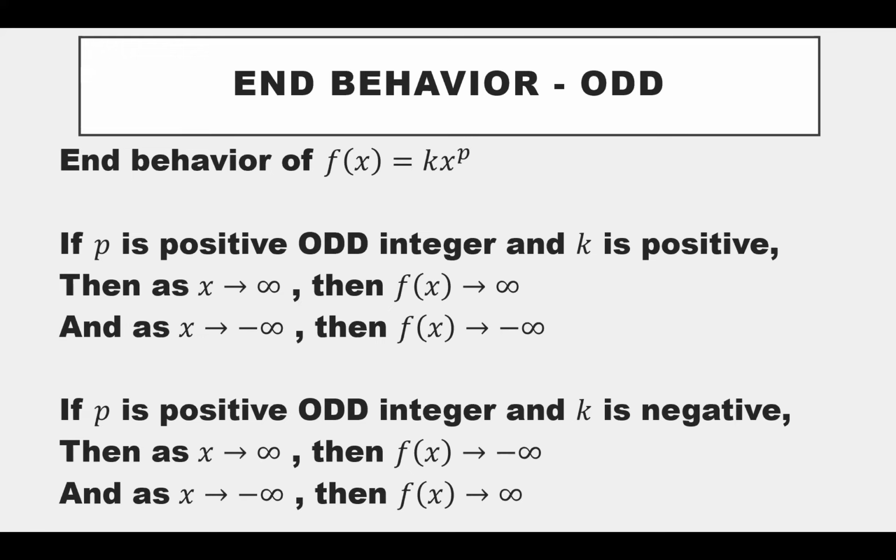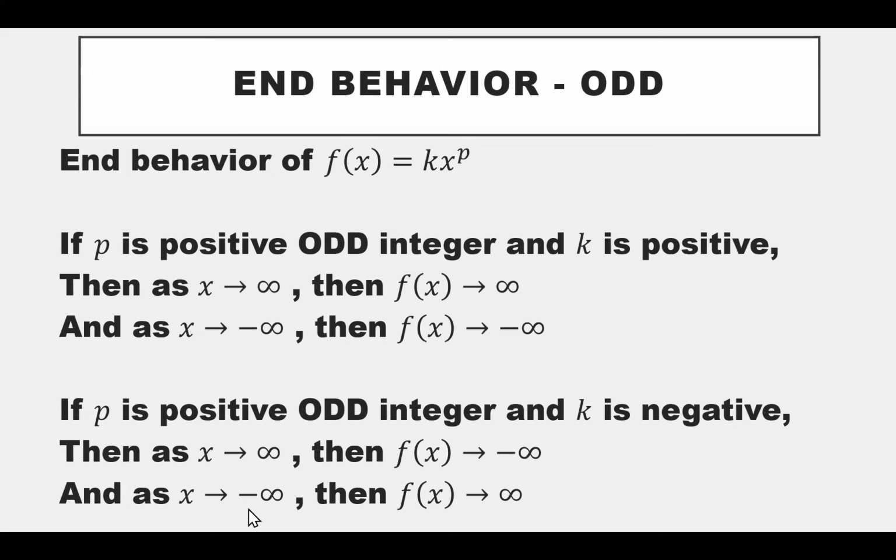So that's the end behavior of a power function whose exponent is a positive odd integer. If the exponent is a positive odd integer and the coefficient is positive, as x moves towards the right, the corresponding y values go off to infinity. As x moves towards the left, the corresponding y values go to negative infinity. And it does the exact reverse if that coefficient were negative. If the coefficient were negative, then as x moves towards the right, my function output goes down to negative infinity.